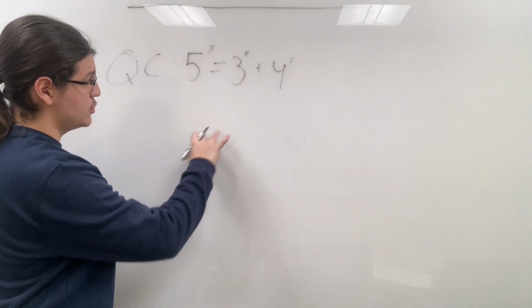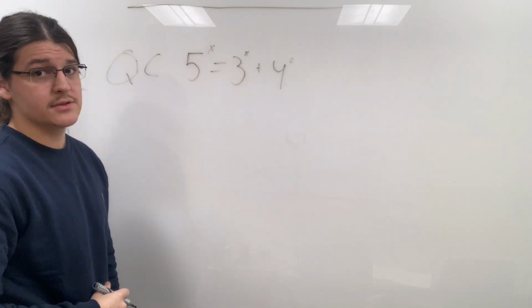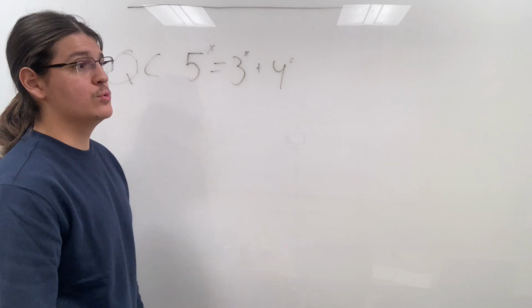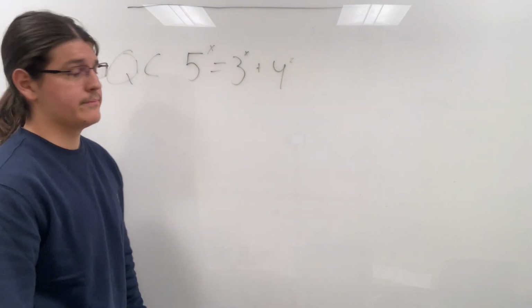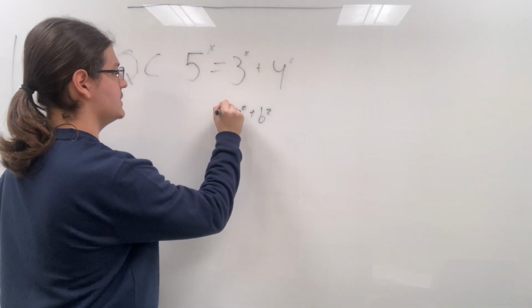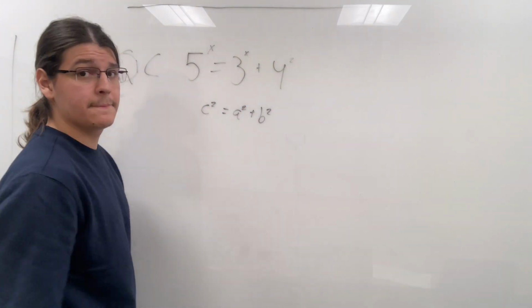If you have taken a geometry class or a trigonometry class, you have been forced to use the Pythagorean theorem, which is a squared plus b squared is equal to c squared.